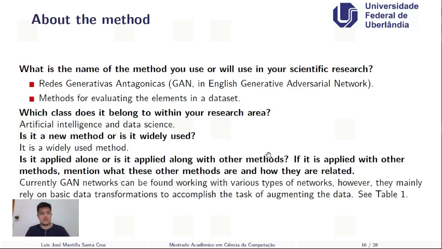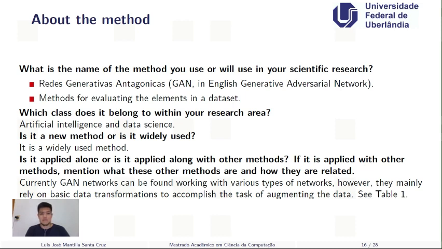Well, about the method, what is the main name of the method you will use in your scientific research? I chose generative adversarial networks because this method can generate new samples, and I need to learn more about the methods for evaluating the elements in a dataset, basically.